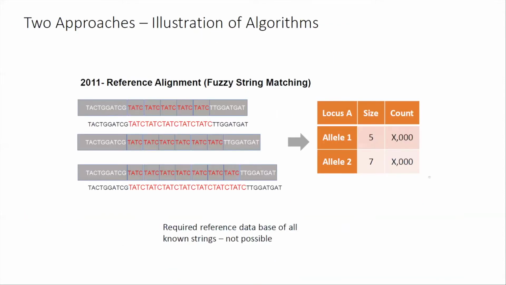So when we go back to some of the earlier work we were doing, we published a paper in 2011 on how we could do this bioinformatics over these large data sets. And in concept, this illustration is showing you that we were trying an approach that I'll just call fuzzy string matching. So we're going to do some sort of loose grep type of match with a reference.